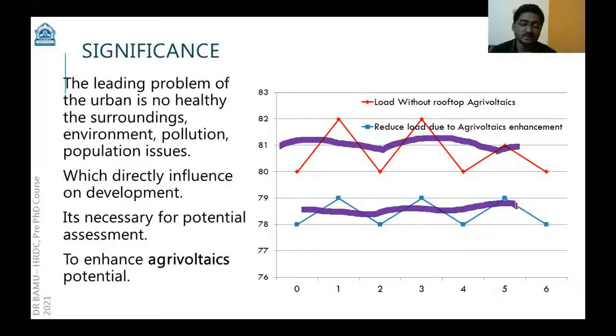If we use existing rooftop areas, measure the potential, and see how much agrivoltaics we are able to do, then we utilize resources properly over the population and industrialization. By value, it is 78 with planning, and without analysis it may be 81. This graph gives a sense of that.